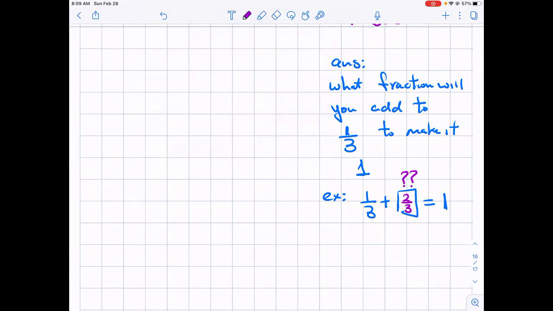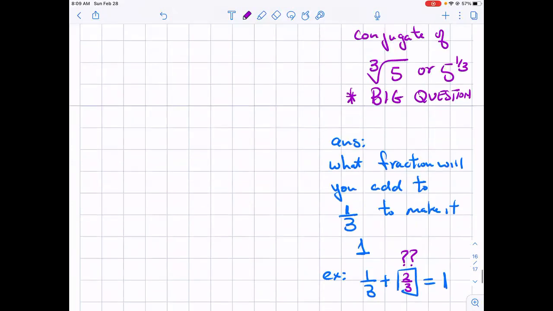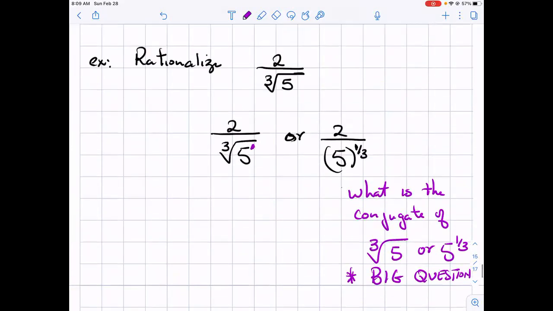That's the whole idea. When you have a square root, which is the 1/2 power, 1/2 plus 1/2 is 1, so we just multiply by itself. But if it's a cube root, you cannot multiply by the cube root.